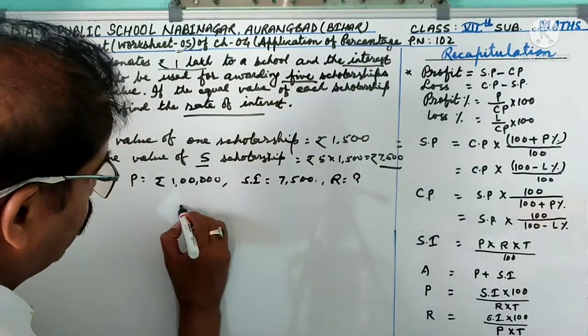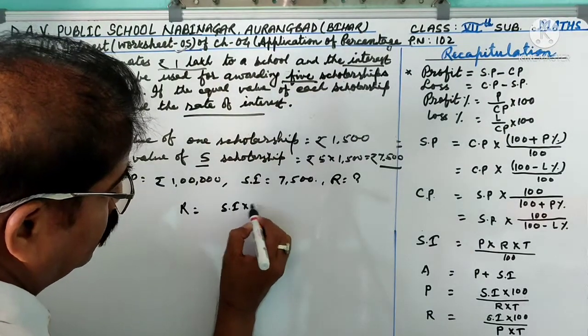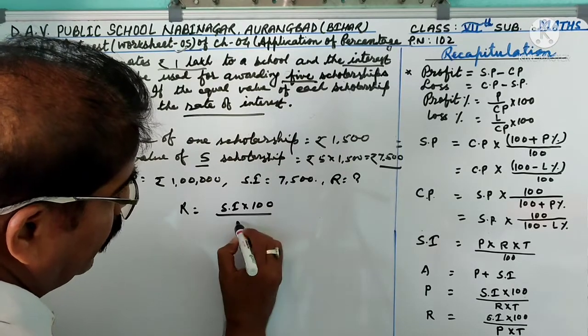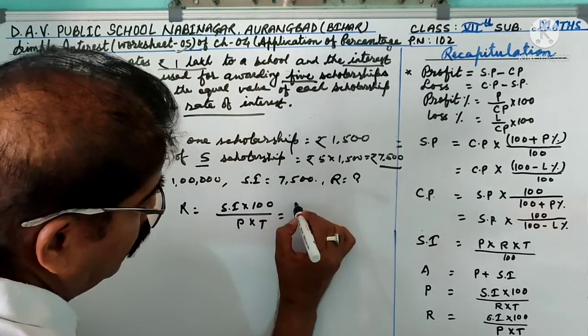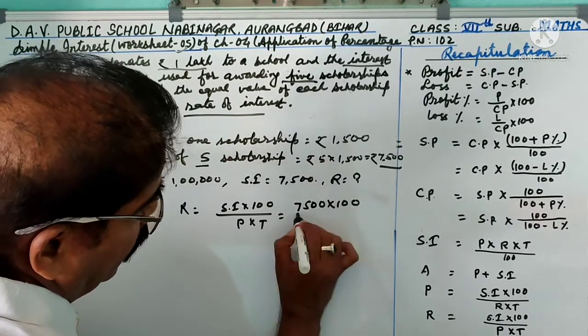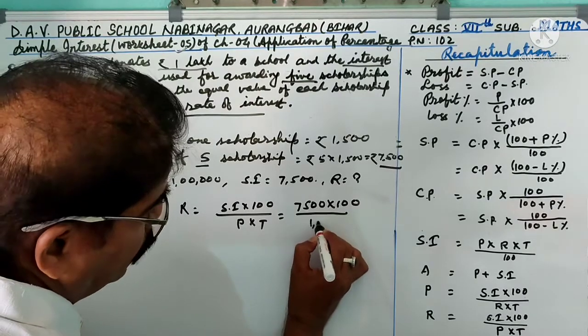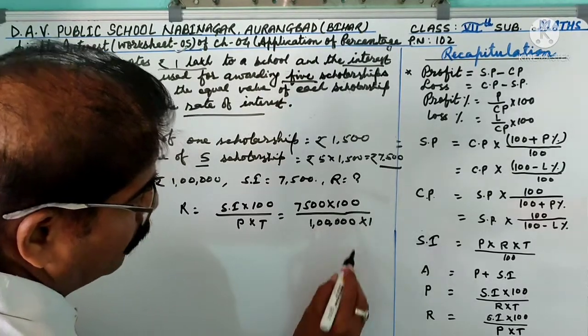Dear student, formula of R equals SI into 100 by P into T, that is SI equals 7500 into 100 by P equals 1 lakh, and time each year, 1 year.